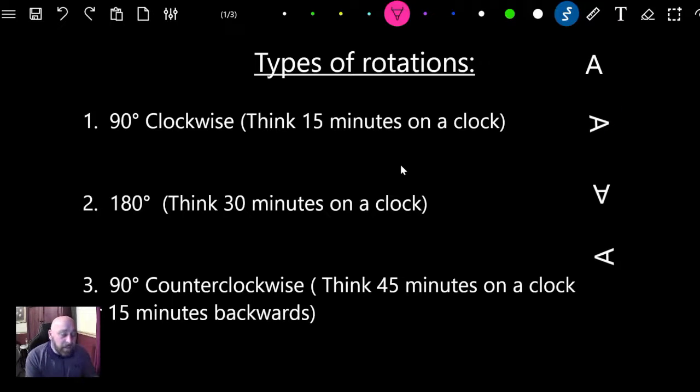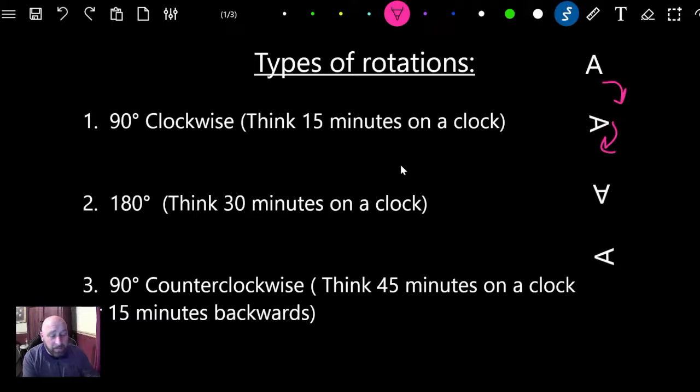The second type of rotation is a 180-degree rotation. With the 180-degree rotation, you would not only rotate it once 90 degrees, but you would then rotate it again another 90 degrees. So it's 90 plus 90. And then the shape is standing on its head, basically. Okay?